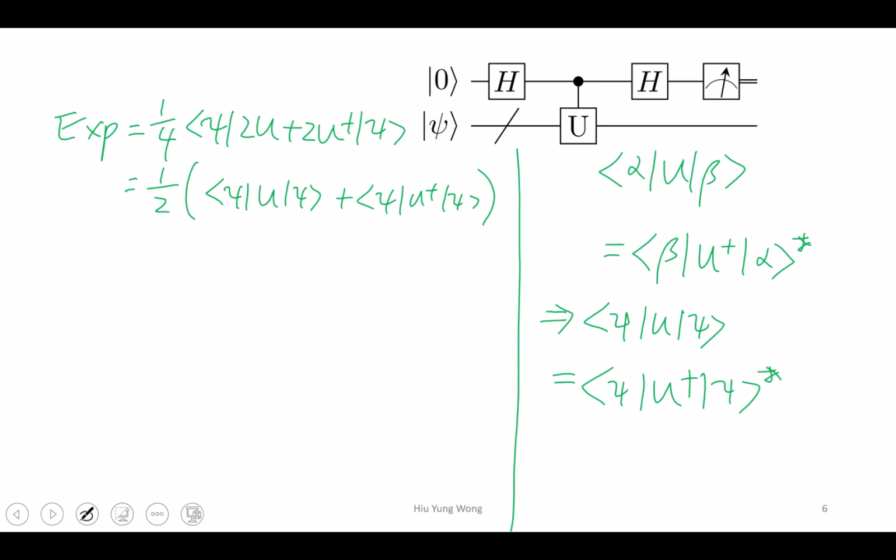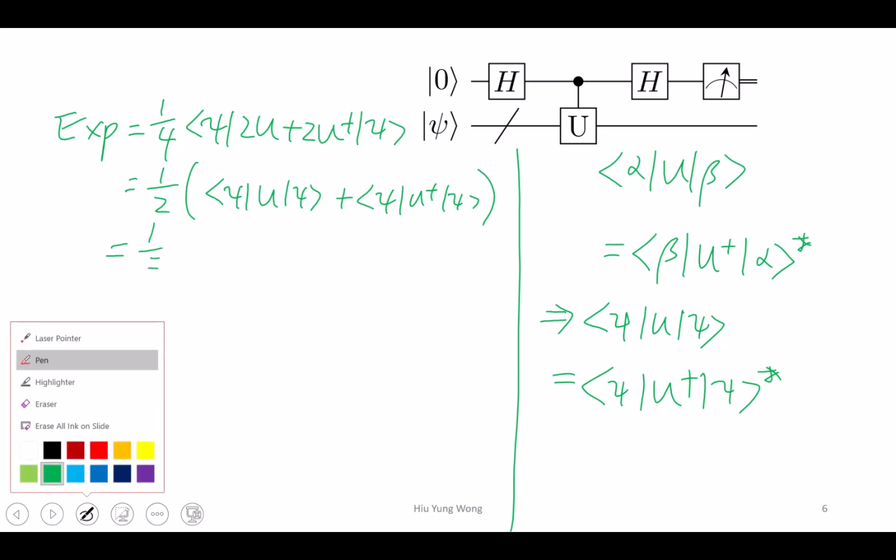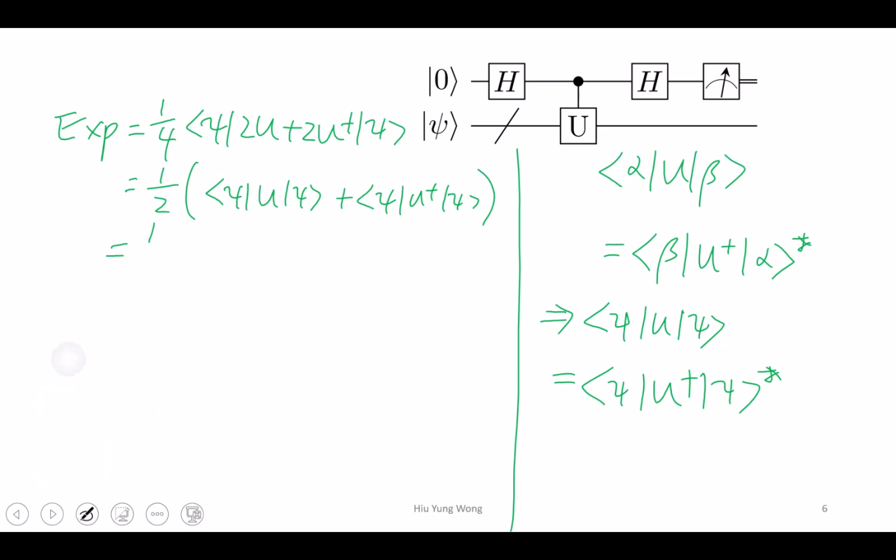So as a result, this equals 1/2 times psi u psi plus psi u psi star, right?